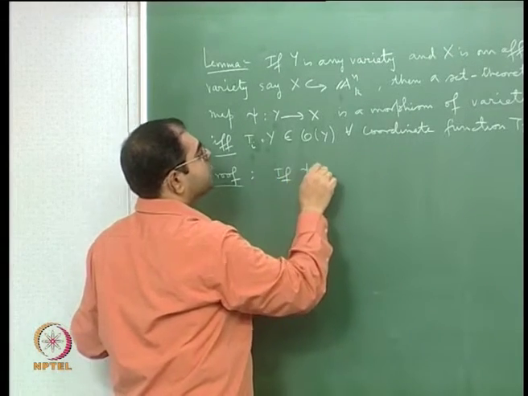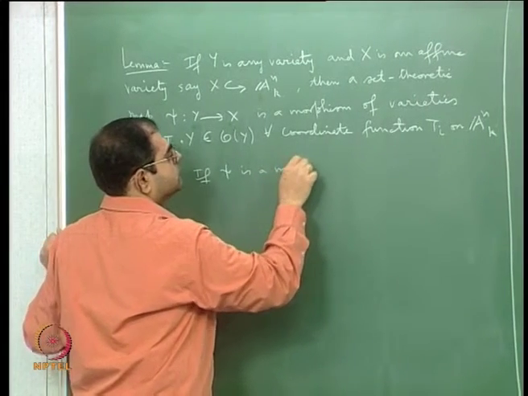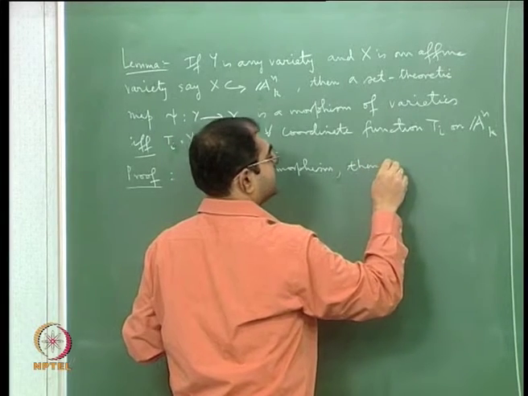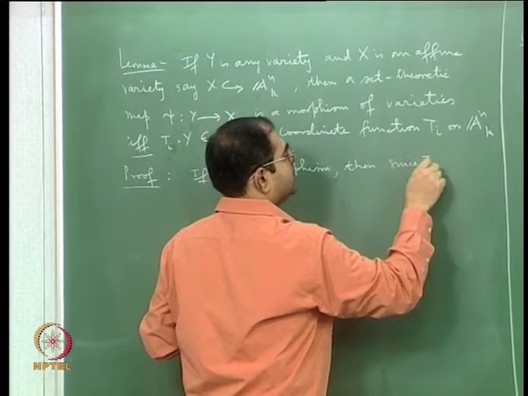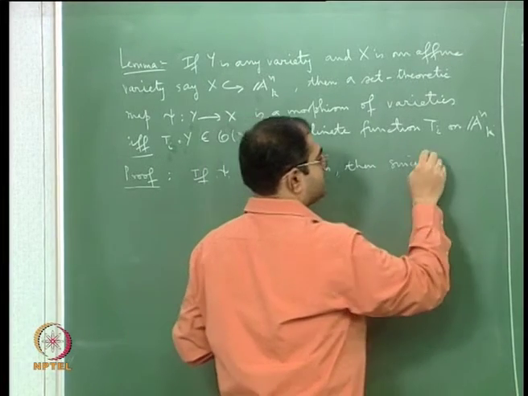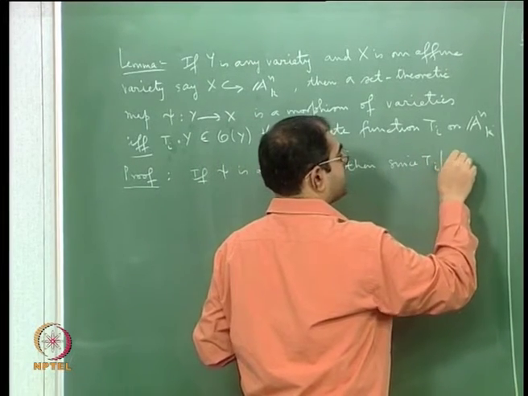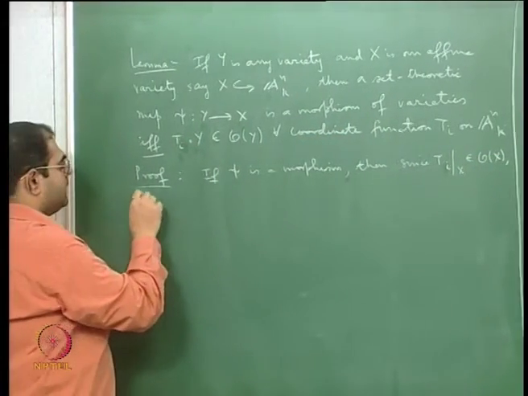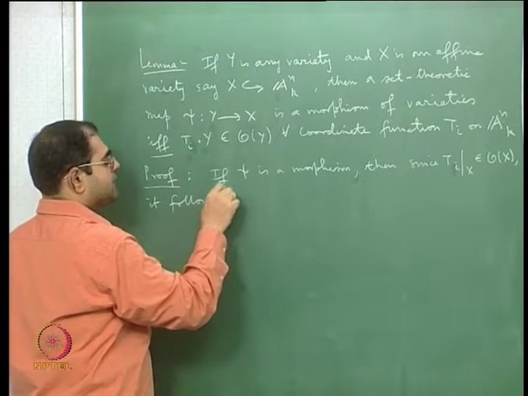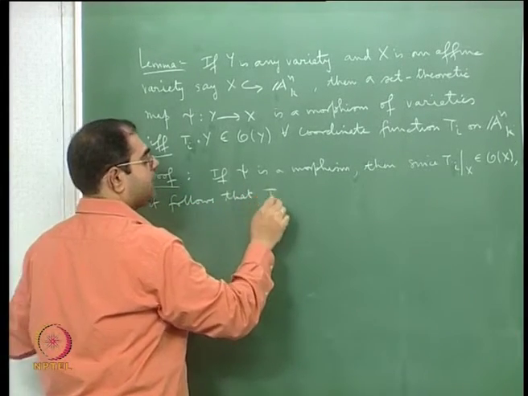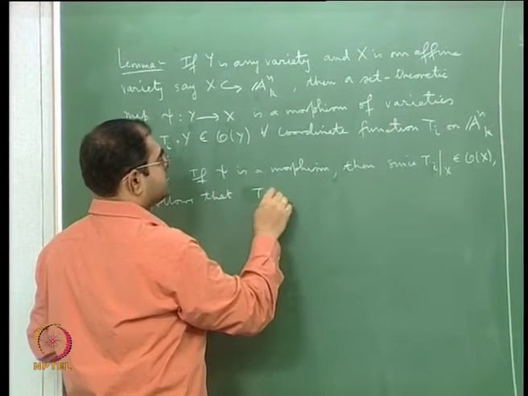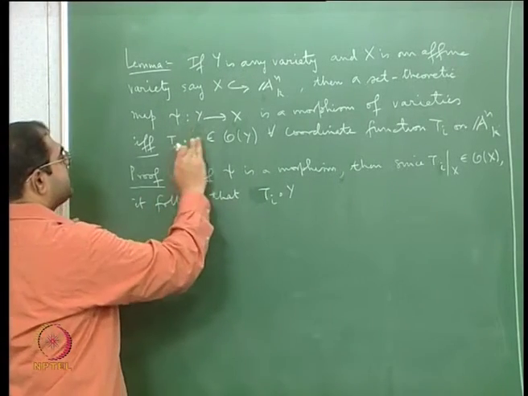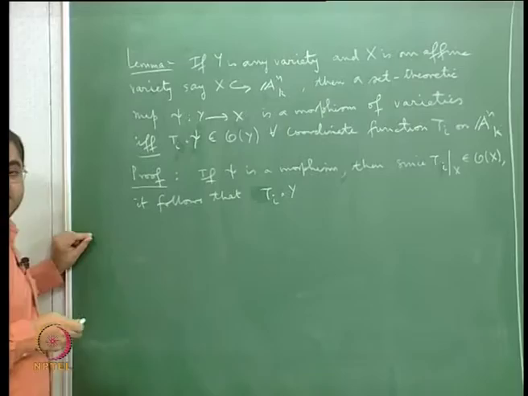If psi is a morphism, then of course, since ti restricted to x are regular functions on x, it follows that ti circle y, I am sorry, I think it should have been ti circle psi, not ti circle y, okay.